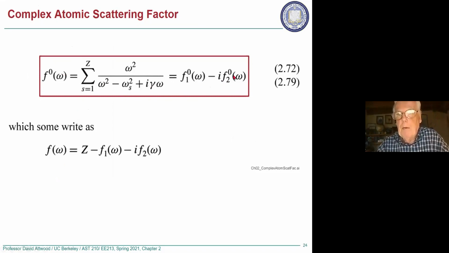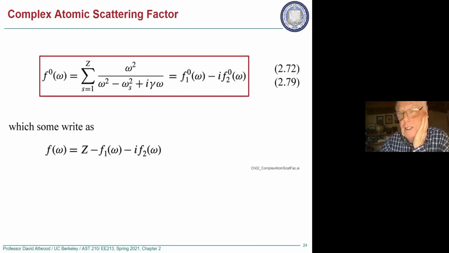So where this represents absorption, and this represents just pure scattering. And I just tell you, in case some of you people who work with hard X-rays, in the hard X-ray region, omega may be so large compared to most of the resonances that this won't matter so much. And this thing, this F1, the real part, will get pretty close to Z for that atom.